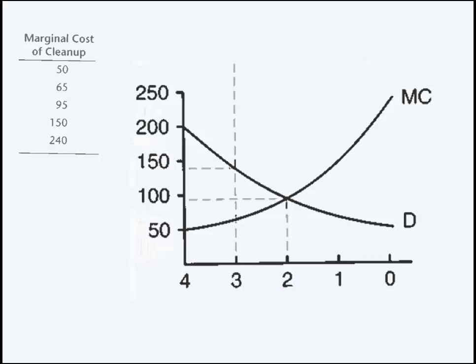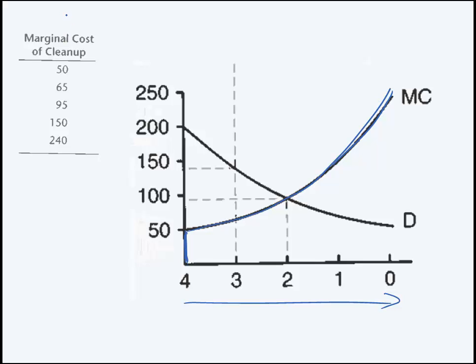Now, the cost initially of cleaning is quite cheap, to clean the river from pollutants, because there's a lot of pollution, so you can use simple methods to get the pollution out. But as the pollution decreases, the cost of reducing it further increases. Why? Because now you have to apply much more sophisticated methods to get that last bit of pollution out of the lake, and that's why the price then increases.